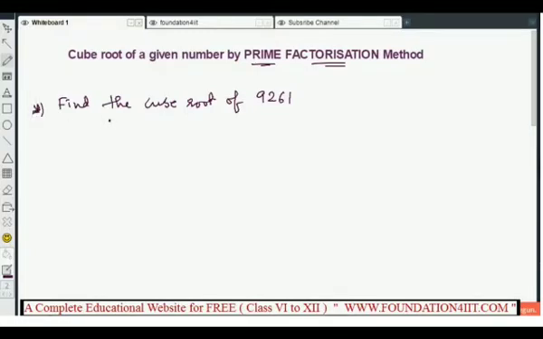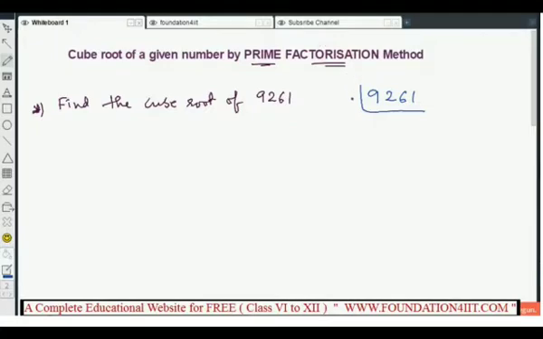Now, find the cube root of 9261. We need to take 9261 and resolve this number into prime factors, a product of prime numbers. Then make groups in triplets.